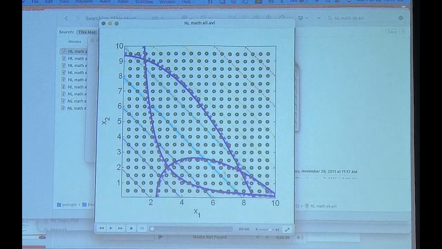And there are three constraints, a nonlinear space, and over here there's a region at the center that looks like a twisted triangle. That's the design space.